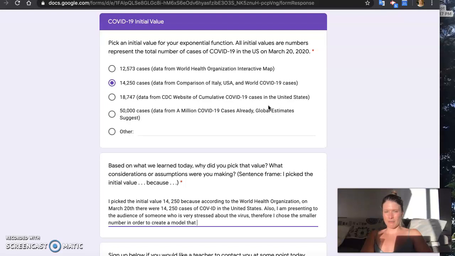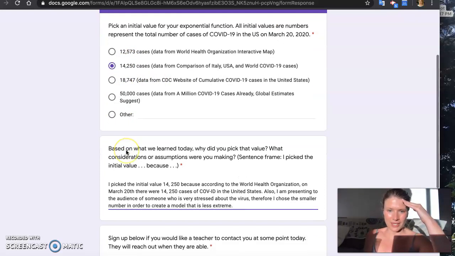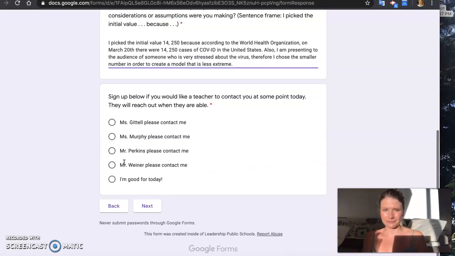In order to create a model that is less extreme. Okay, so I'm picking a smaller number because I'm trying to convince someone that it's actually not that serious, so I'm going to want to pick one of these smaller numbers. So two things to remember: cite your source, and then make sure you talk about why it makes sense for the audience that you're trying to persuade.